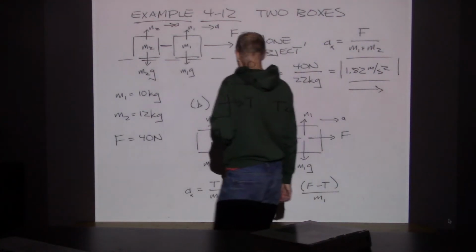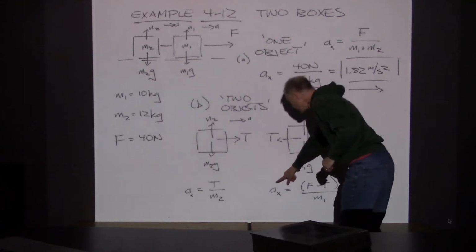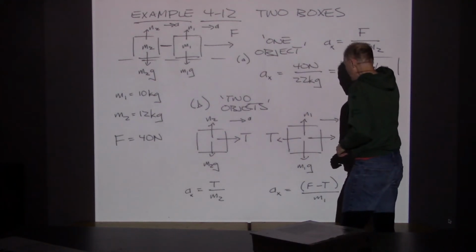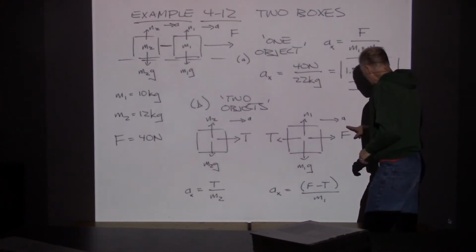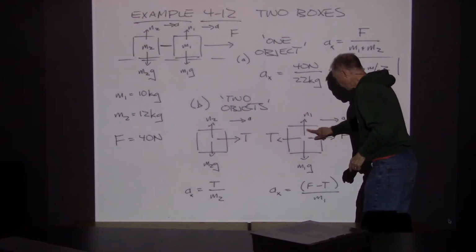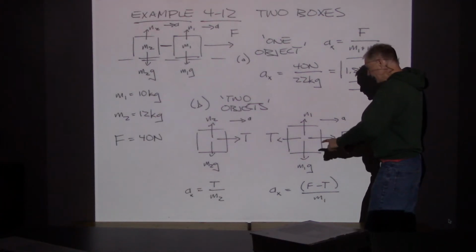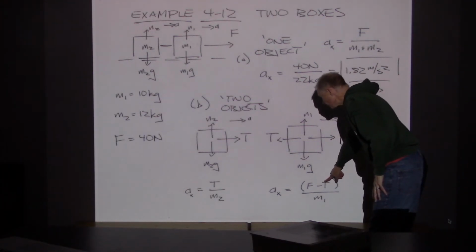So for object 1, I can take the acceleration that we've determined here and set that equal to F minus T, divided by m1. Remember, it's isolated now, it's just the mass m1. I could use that to solve for the tension.